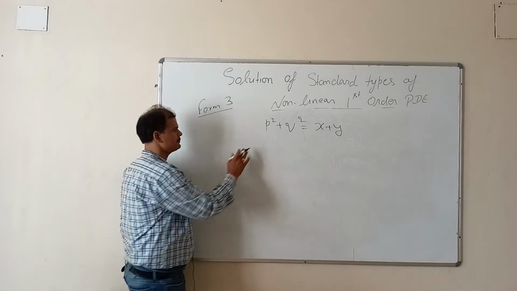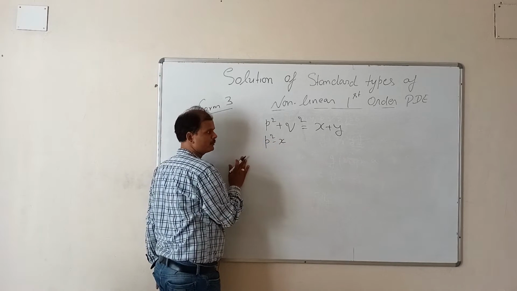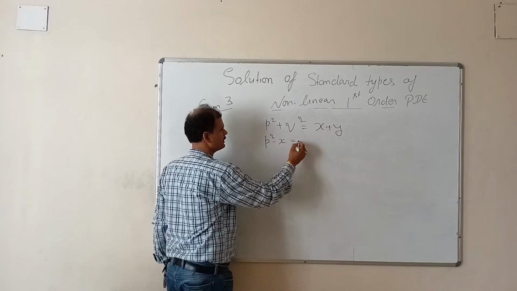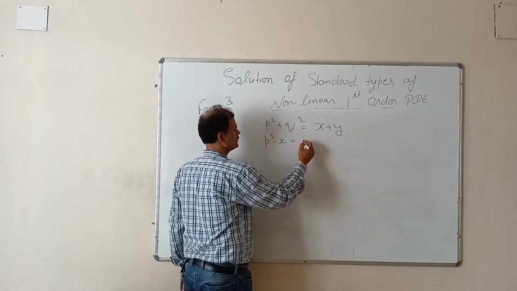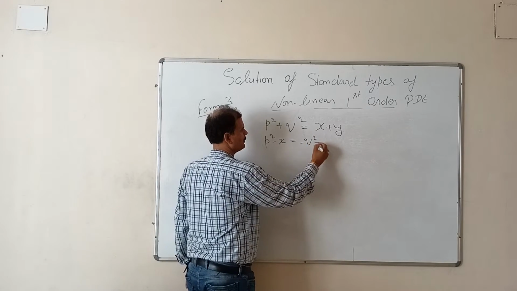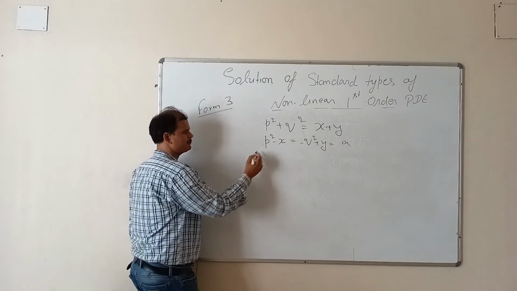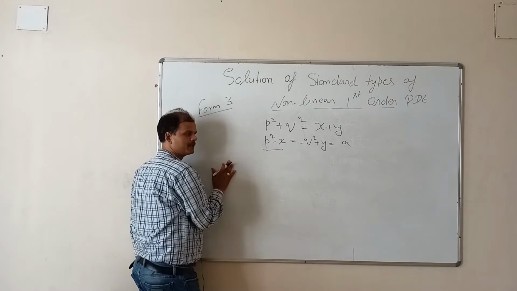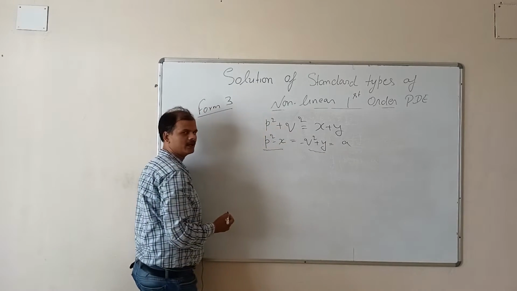So it's very simple, that p square minus x we can have equal to, we can have minus q square plus y equal to a, because p and x we have done on the one side and q and y we have done on the other side.